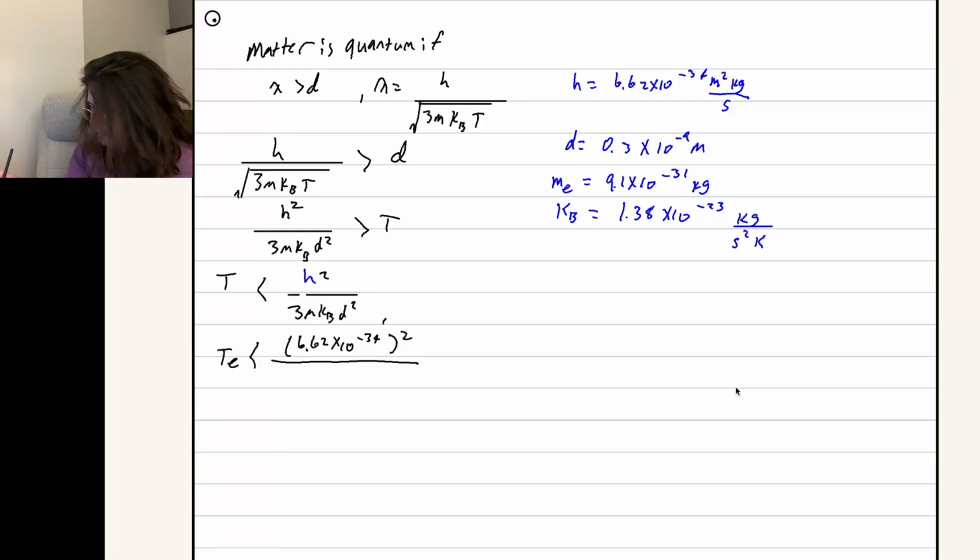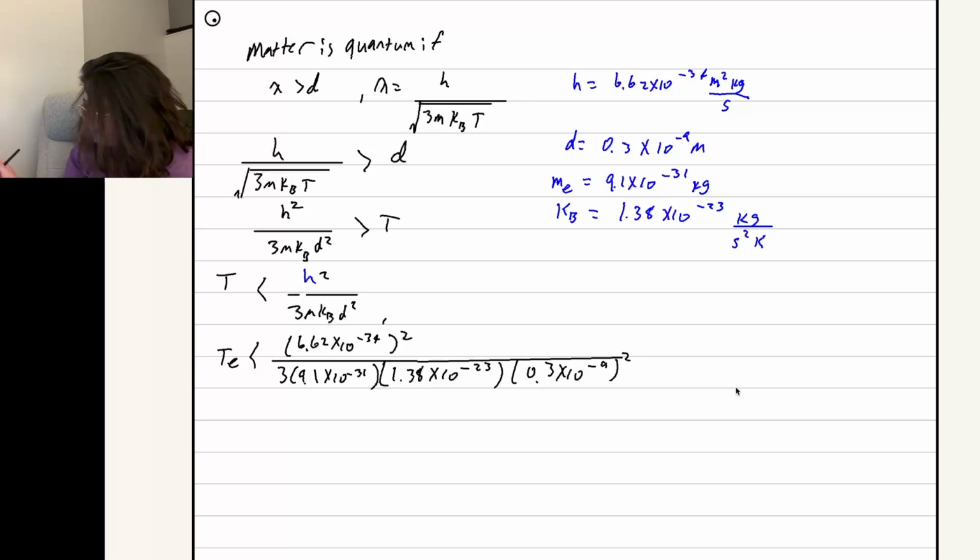Then we have 3, we have 9.1 times 10 to the minus 31, we have 1.38 times 10 to the minus 23, and we have 0.3 times 10 to the minus 9 squared.